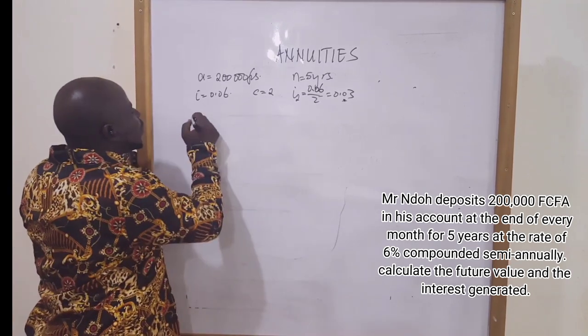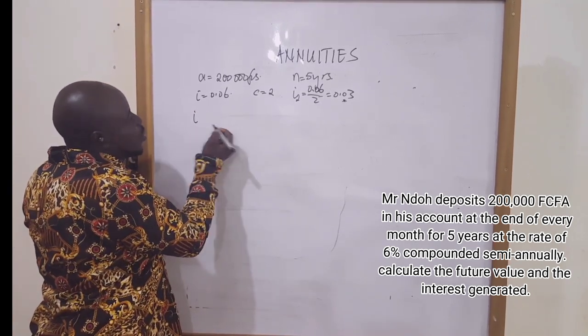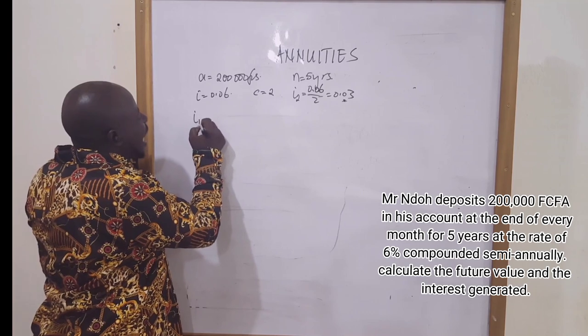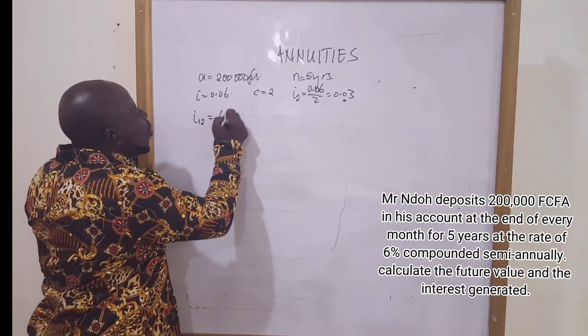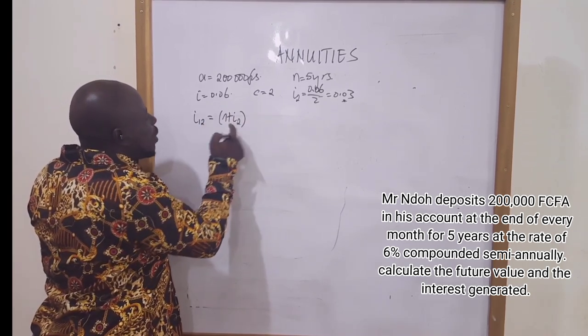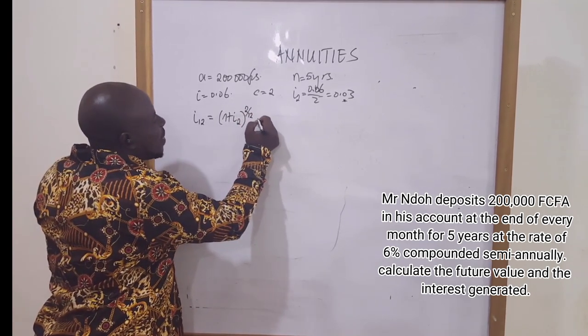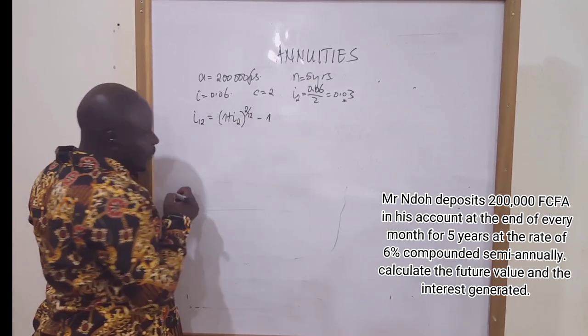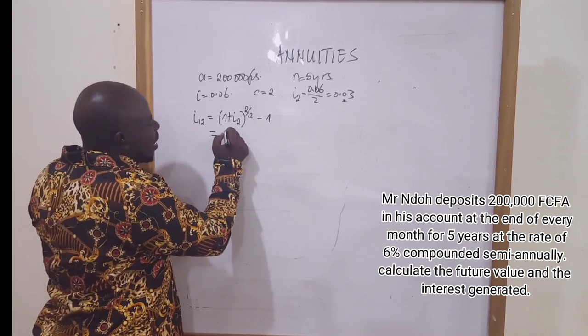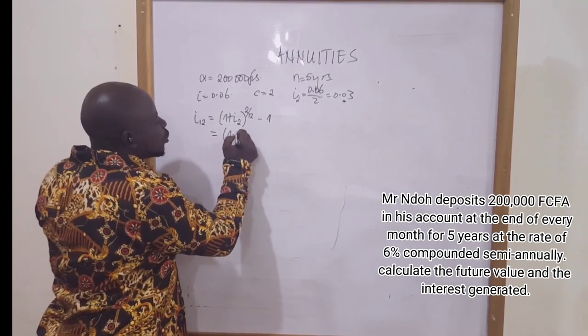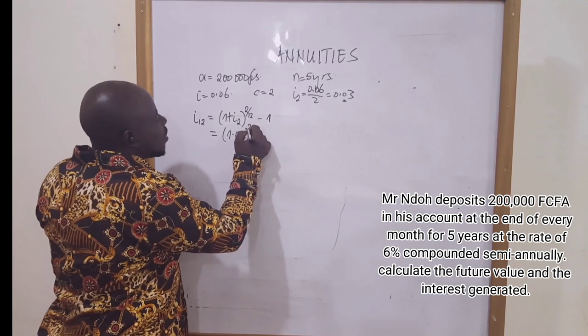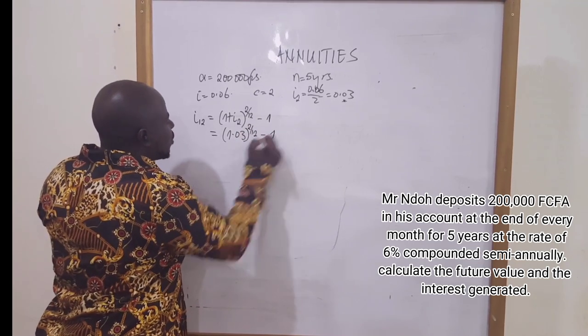We are going to use this formula. So I will just put the number I want so that you understand easily. This is I12 equals (1 plus I2) raised to the power 2 divided by 12, minus 1. So if I look at this, I'm going to have 1.03 raised to the power 2 divided by 12 minus 1.